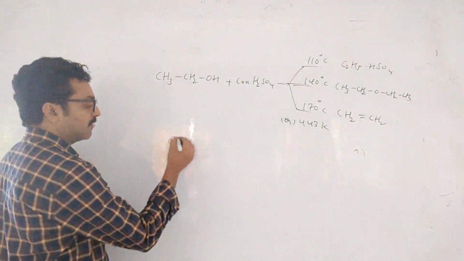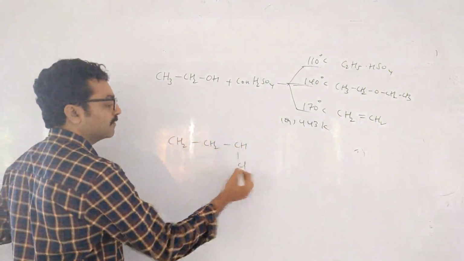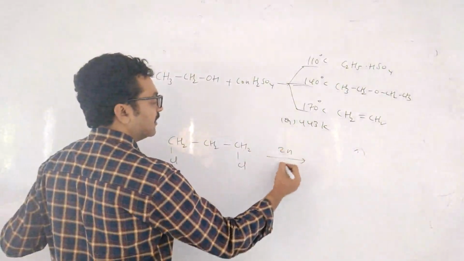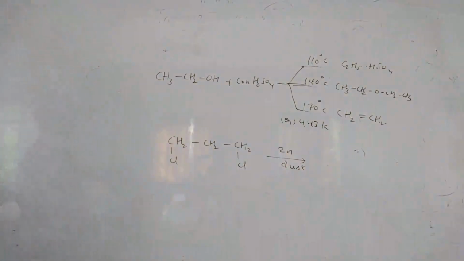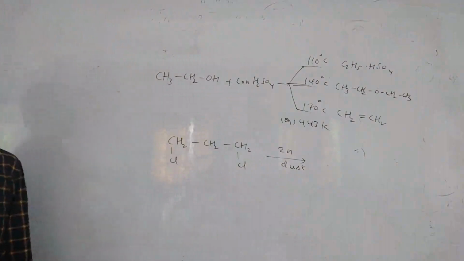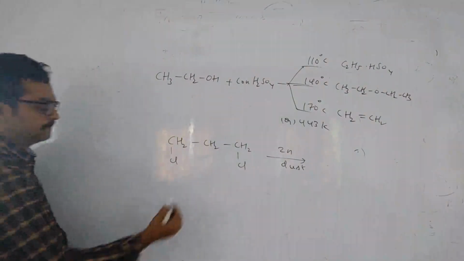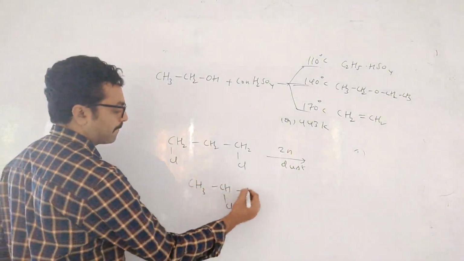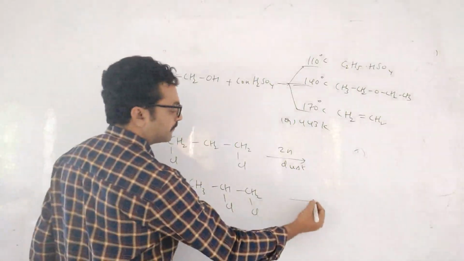And next, one question on dehalogenation. So what is the product formed here? Yes, zinc dust. Can you tell what will be the product formed here? This is dehalogenation now. Same.